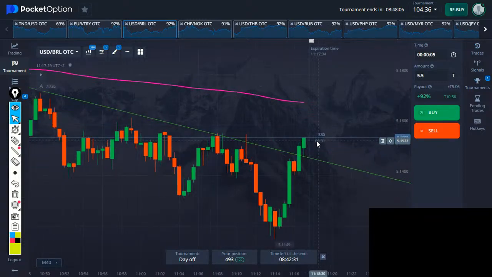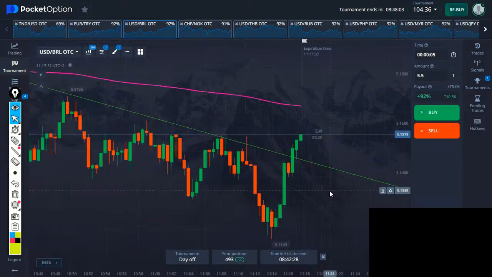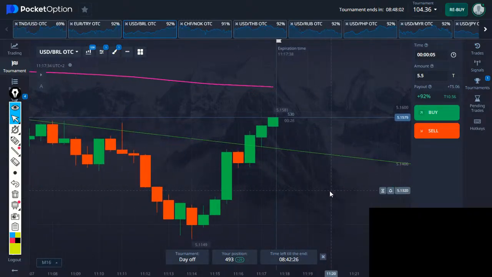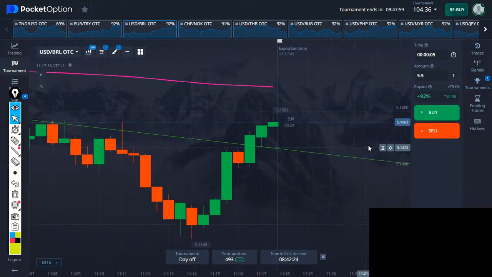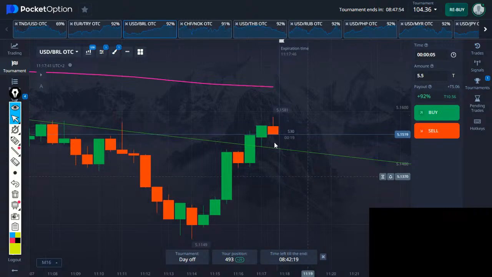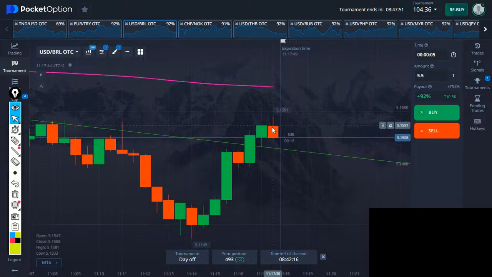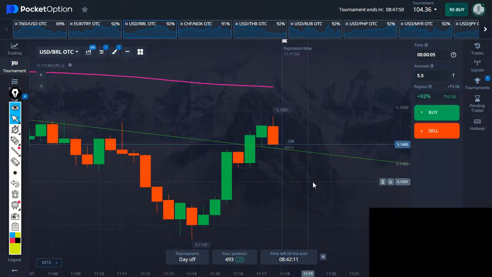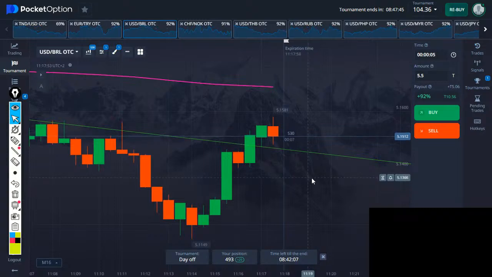You might have a breakout of the channel, however, it's not confirmed yet. So I'm having green over here, so I will not trade. See, if I took a buy over here, it would have been a loss. Let's see the next candle, if it's going to push back inside the channel.